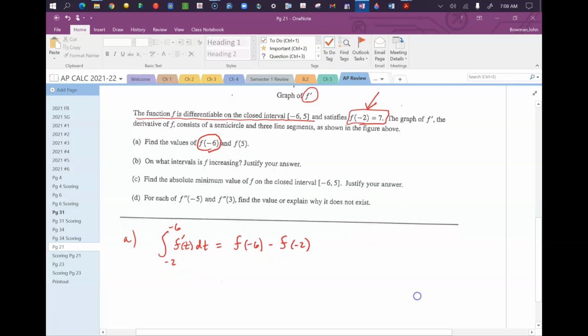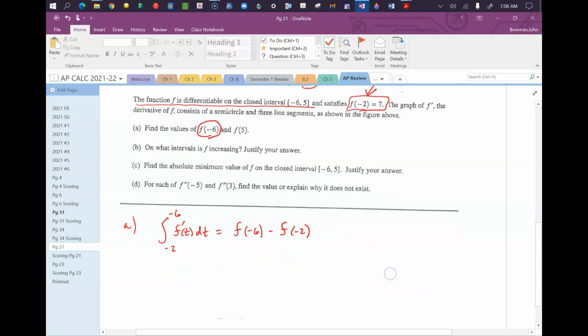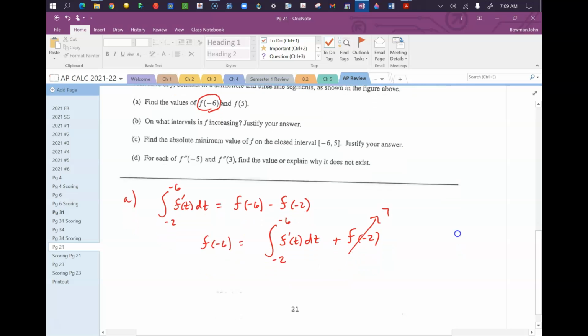So if we solve this for f of -6, f of -6 is equal to the integral from -2 to -6 of f prime of t dt plus f of -2. We know f of -2 is 7, so we'll substitute that in there.